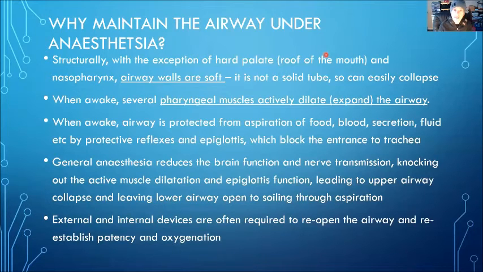General anesthesia, however, reduces the brain function, and with it the nerve transmission, knocking out the signals which the brain normally keeps sending to those muscles to keep dilating our airway, and the airway becomes even softer and more collapsible.